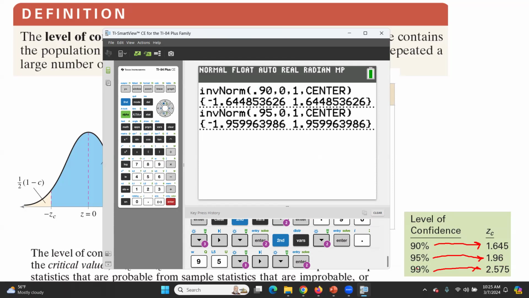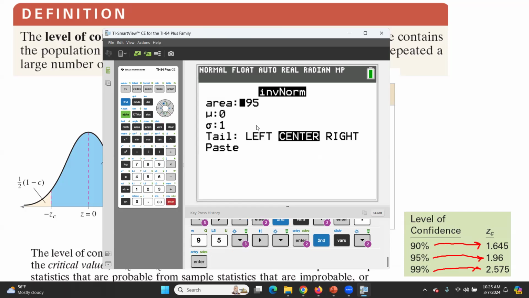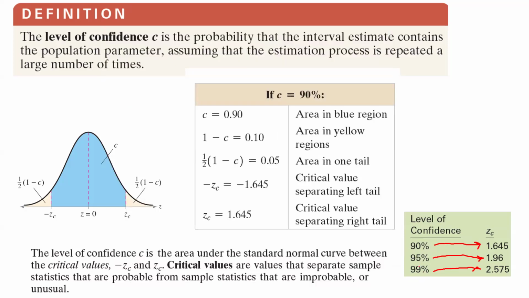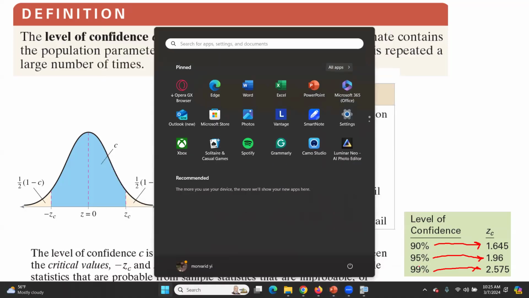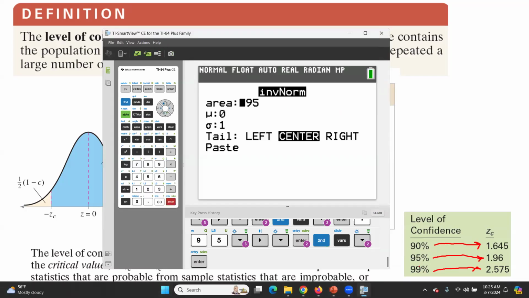And finally, if you have a 99% level of confidence, click on second, vars. You need to be on inverse norm. And then now change this to 0.99.